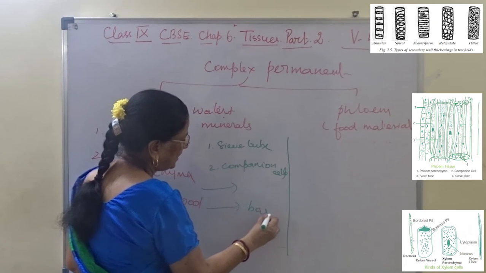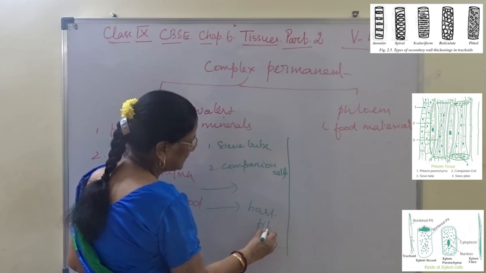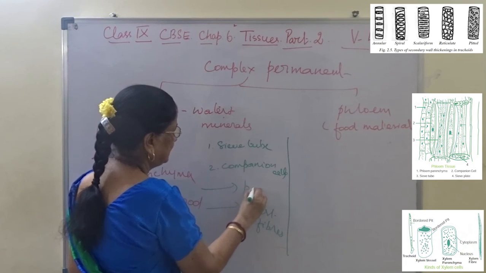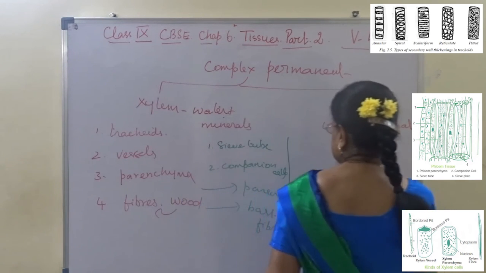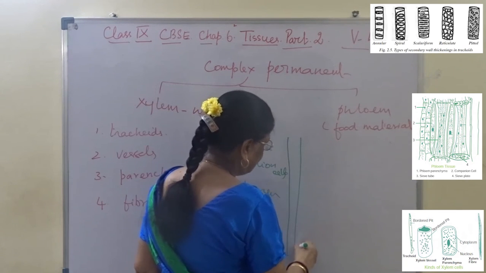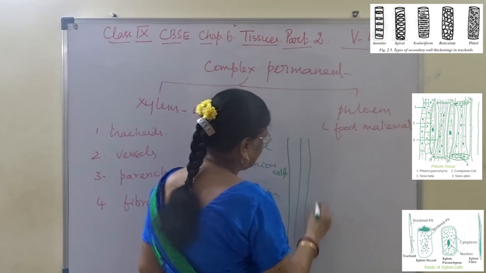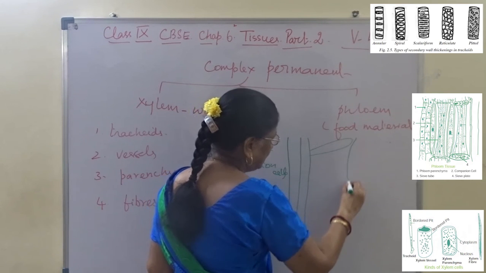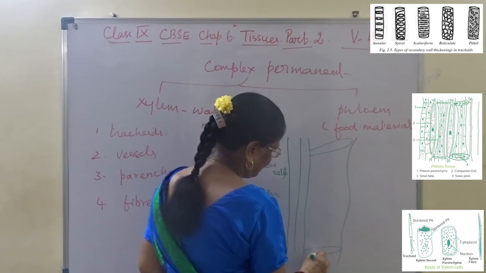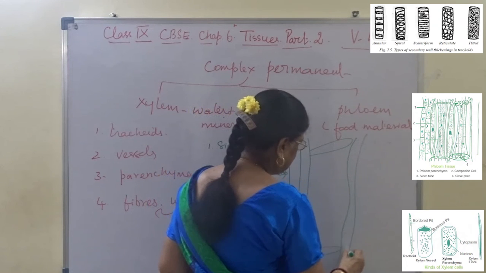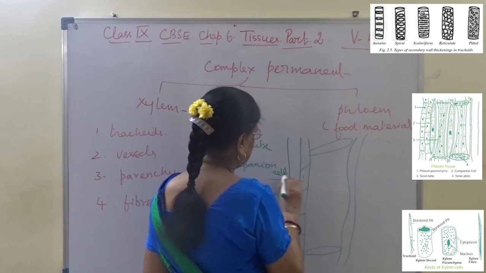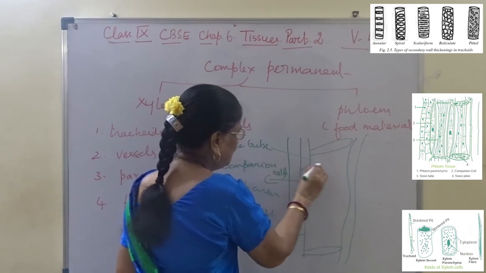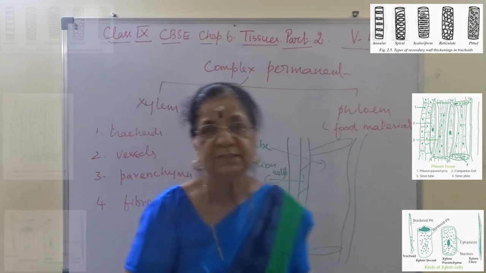This phloem fiber is called bast fibers. Now this sieve tube will have a structure like this. And every sieve tube will have a companion cell.